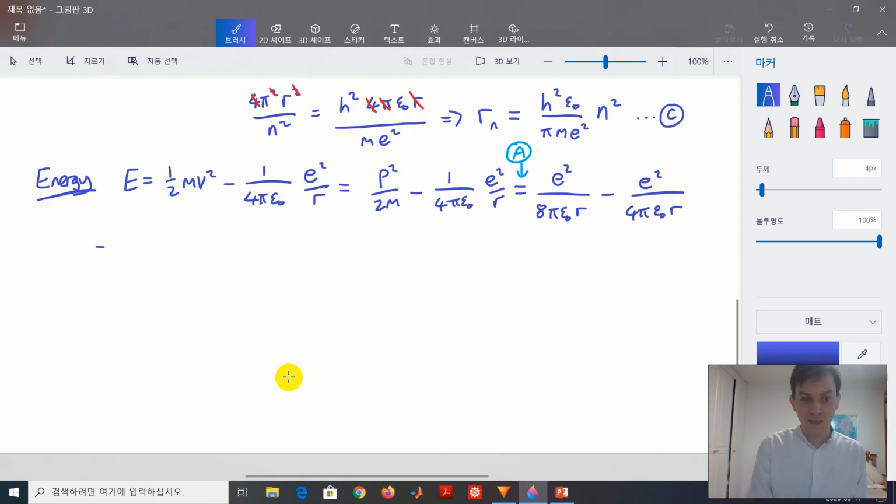So we put this all together and we get that E is equal to minus e squared over 8 pi epsilon 0 r. Okay, and then because r is quantized, E is also quantized in this formula. So this tells you that you do have quantization of energy.